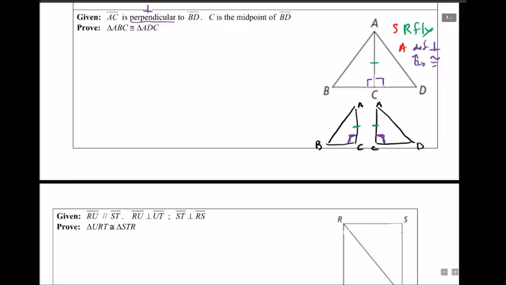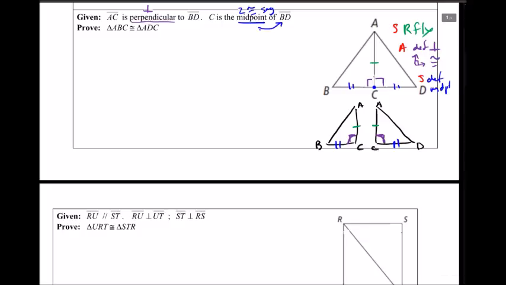And what else are we told? Well, let's see. We are told that C is the midpoint. Midpoint means I've got two congruent segments. C, there's point C, is the midpoint of segment BD. So that means that I can mark these two segments congruent. So now I've got another side here, by definition of a midpoint.